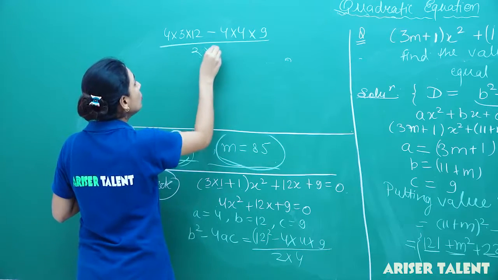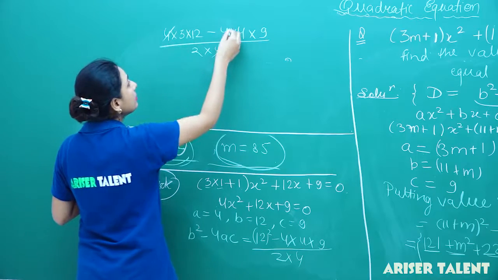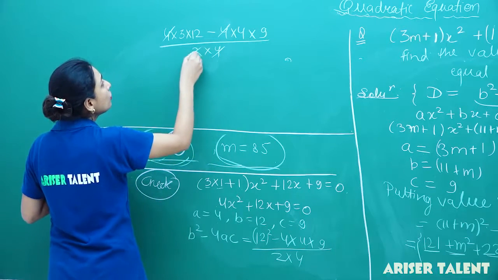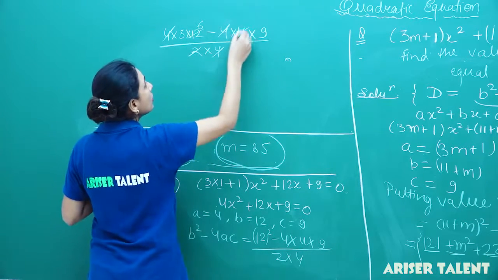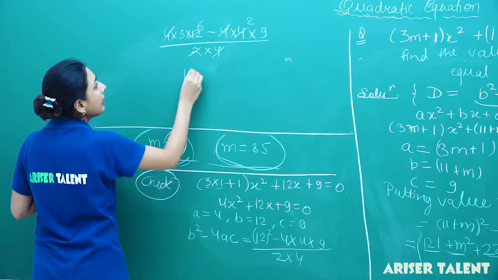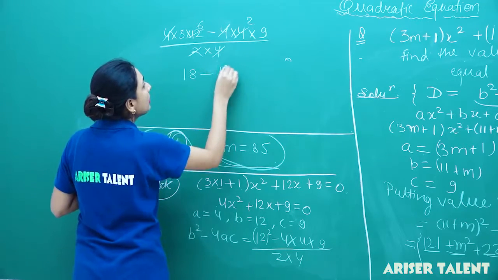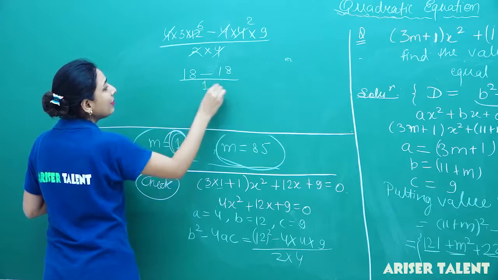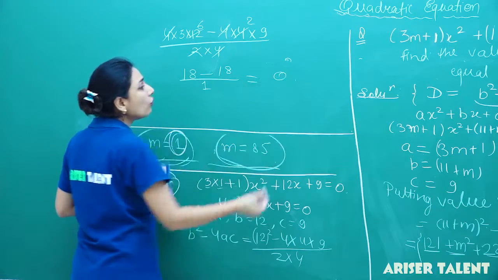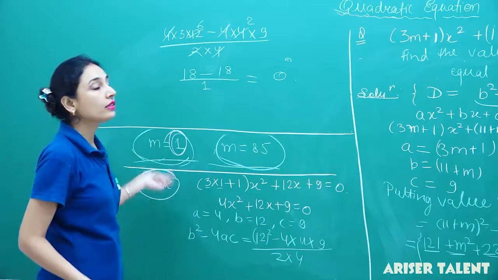That will be cut. Okay. Now 2 6s are 18 minus 18 multiplied by 1 will give you what? 0. So the value of D is 0.